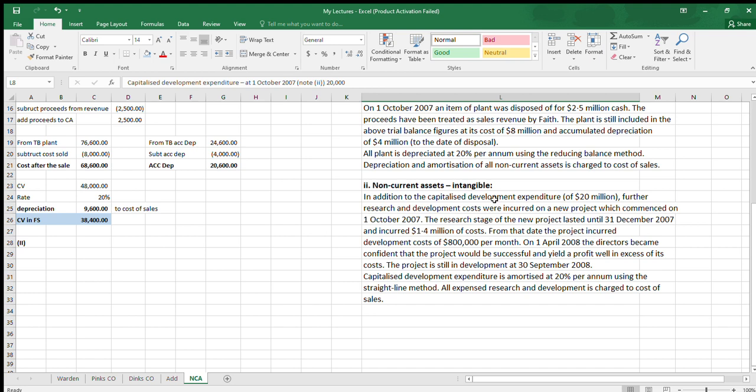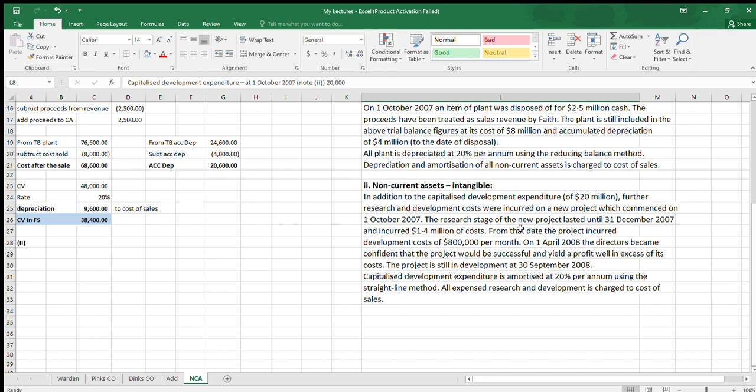So they say that in addition to the capitalized development expenditure of 20 million, further research and development costs were incurred on a new project which commenced on 1st October 2007. The research stage of the new project lasted until 31st December 2007 and incurred 1.4 million of cost. Very simple.